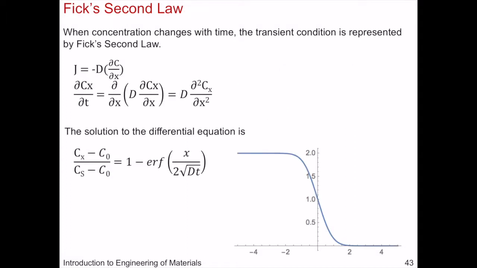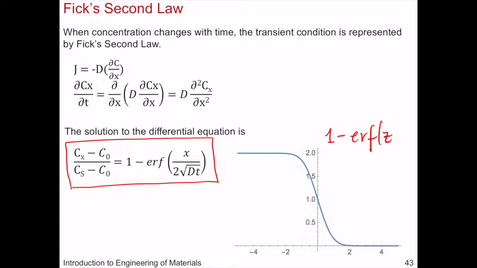And the solution to this PDE is shown here, in which (Cx minus C naught) over (Cs minus C naught) is 1 minus the error function. And if you haven't worked with the error function yet, it looks something like this. In fact, this is actually 1 minus that of the error function.